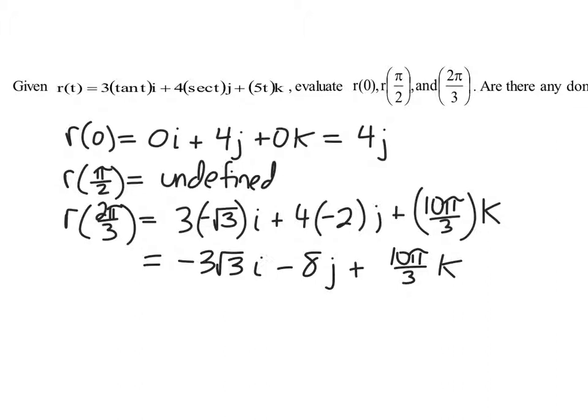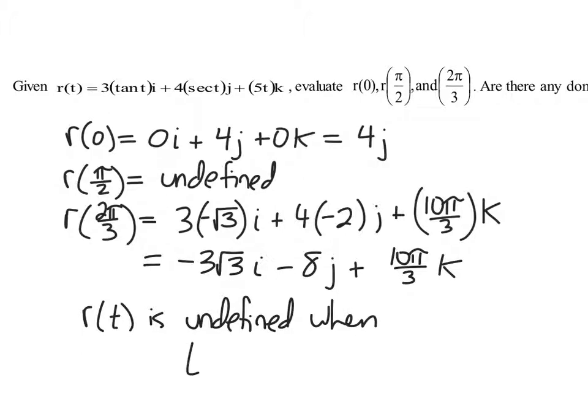Okay, so the question again is, are there any domain restrictions? Well, we found one of them. So R of t is undefined when t is equal to pi over 2, but then it's a question of just pi over 2?